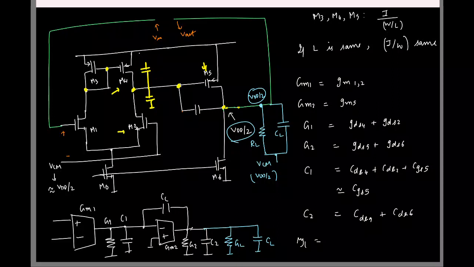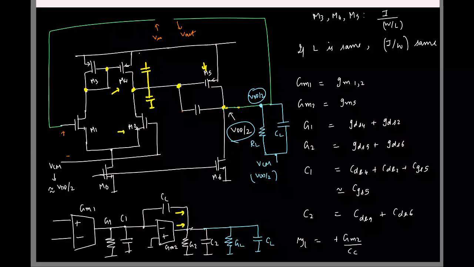We have two paths for the current, one path from GM2, one path from CC. So logically, the 0 must depend on those two. So what is the 0 frequency? GM2 by CC. That's all.